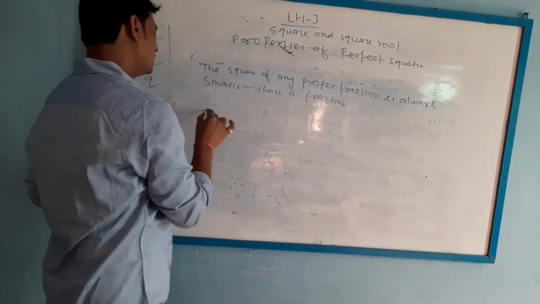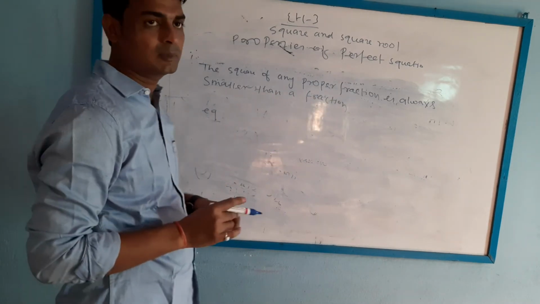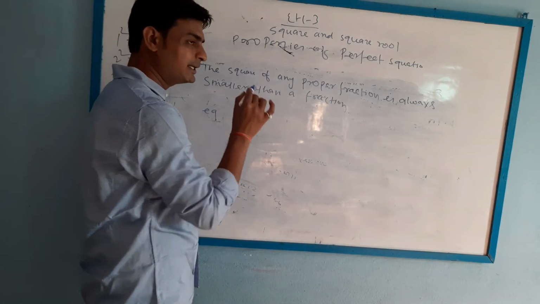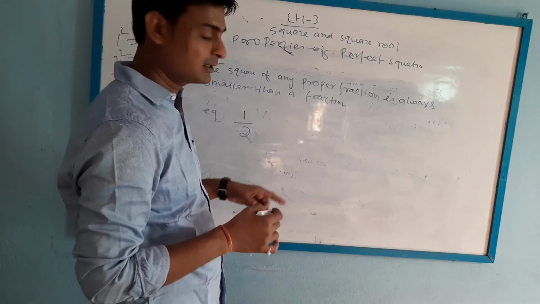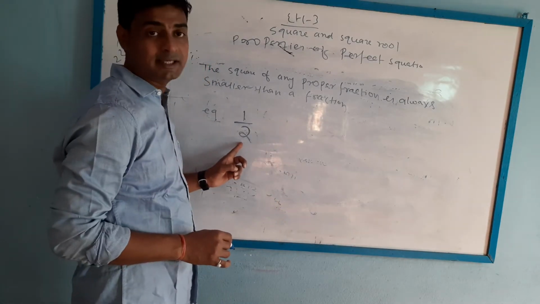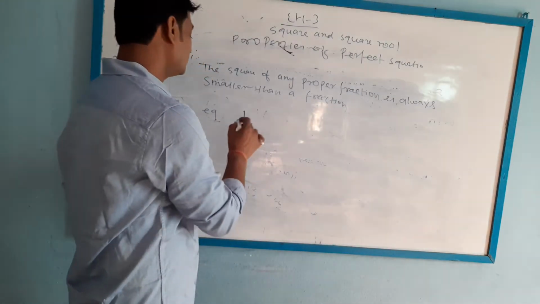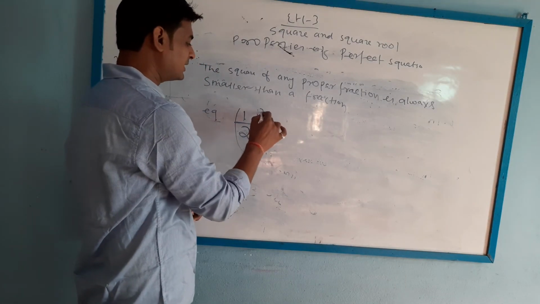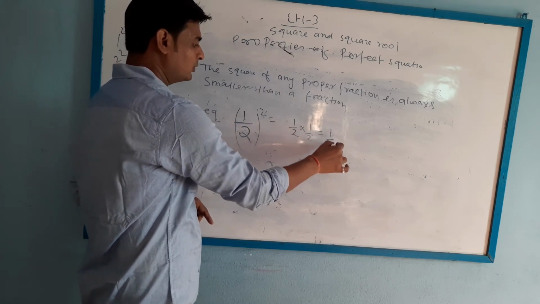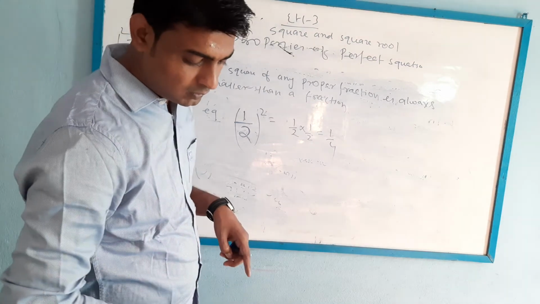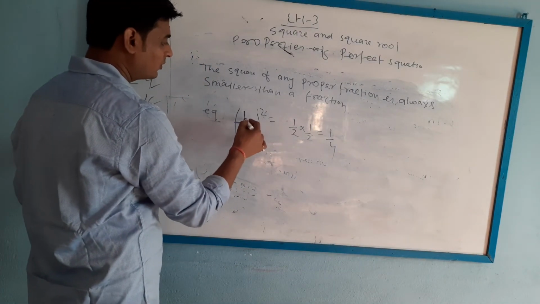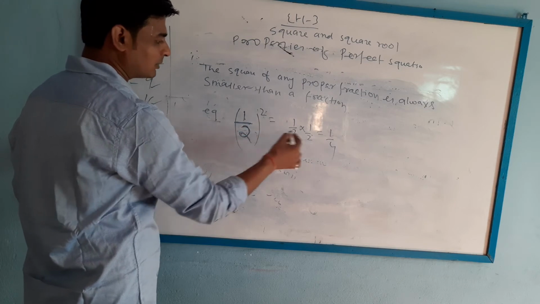Suppose take one proper fraction, a fraction in which the numerator is smaller but the denominator is greater than the numerator. Here 1 is the numerator, 2 is the denominator. 2 is greater than the numerator. Now the square of this number is 1 by 2 into 1 by 2 equal to 1 by 4. So the square of proper fraction 1 by 2 is 1 by 4.